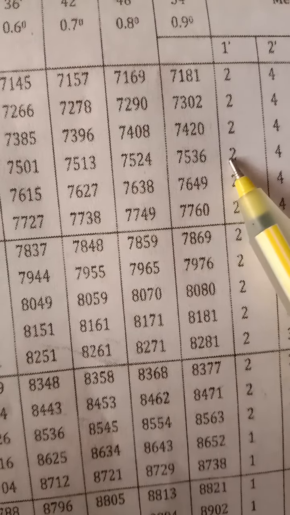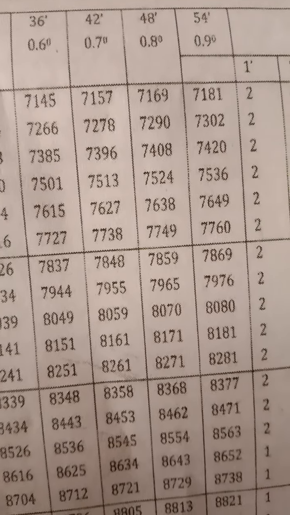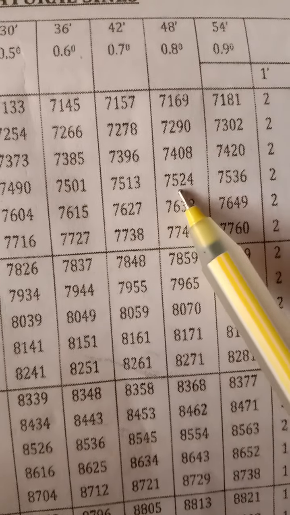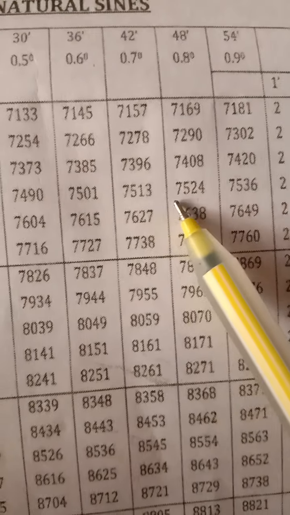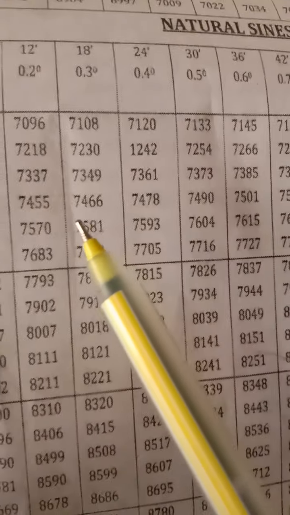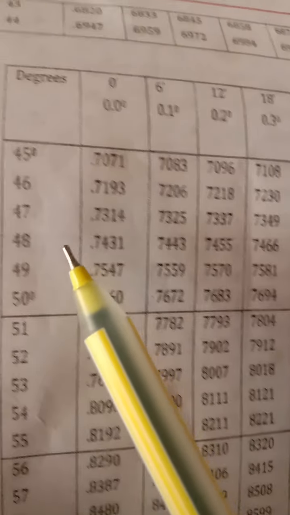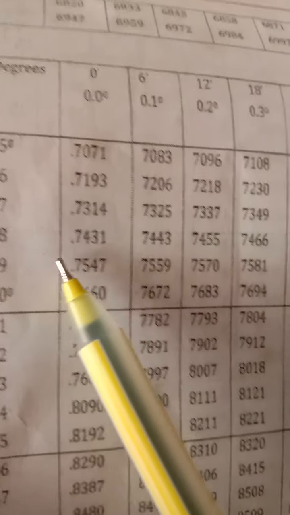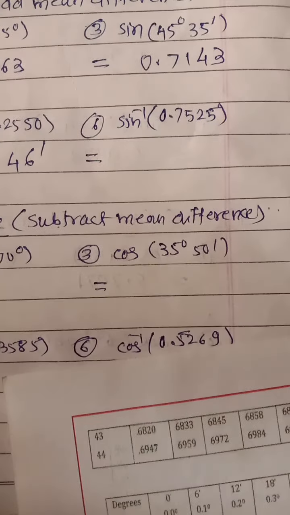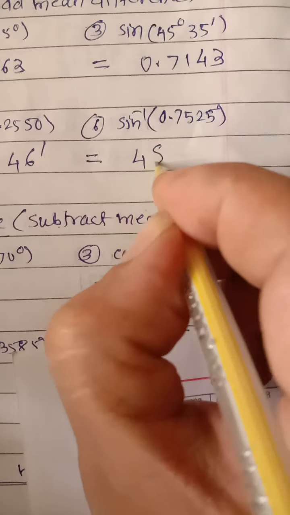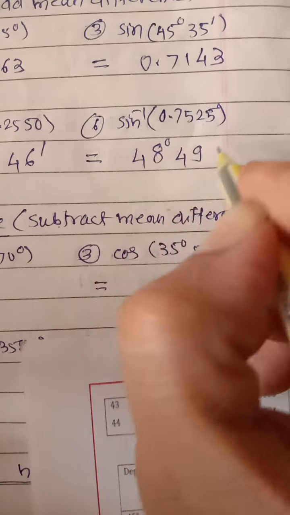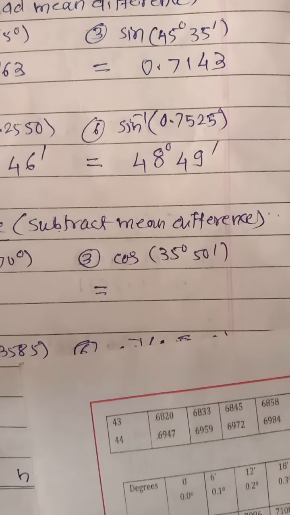So here it is 2 mean difference, so the corresponding minute is 1, and here it is 48 minutes, 48 plus 1, 49 minutes, and the value of degrees will be 48 degrees. So 48 degrees and 49 minutes will be the sine inverse of this value.